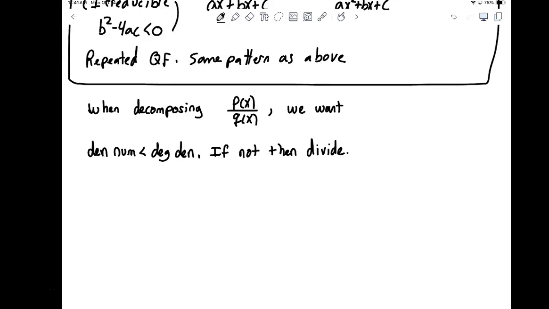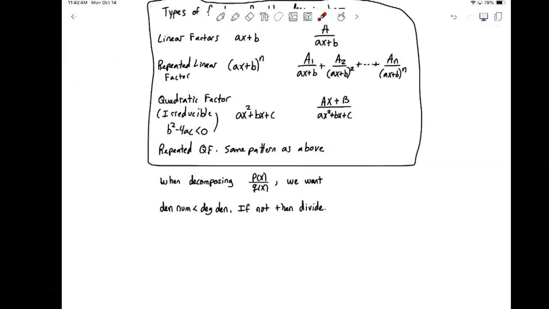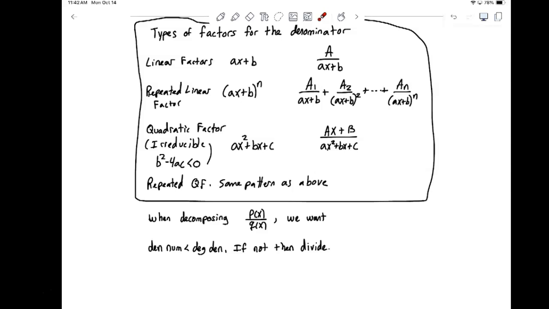Right, if the degree of the numerator is either the same size as or bigger than the denominator, then we do polynomial long division until we get down to the situation where the denominator has degree bigger than the numerator. Okay, and then we're ready to use the process. So that's an underlying assumption on every one of these results, how they're set up: they're making the assumption that the denominator is bigger degree than the numerator.